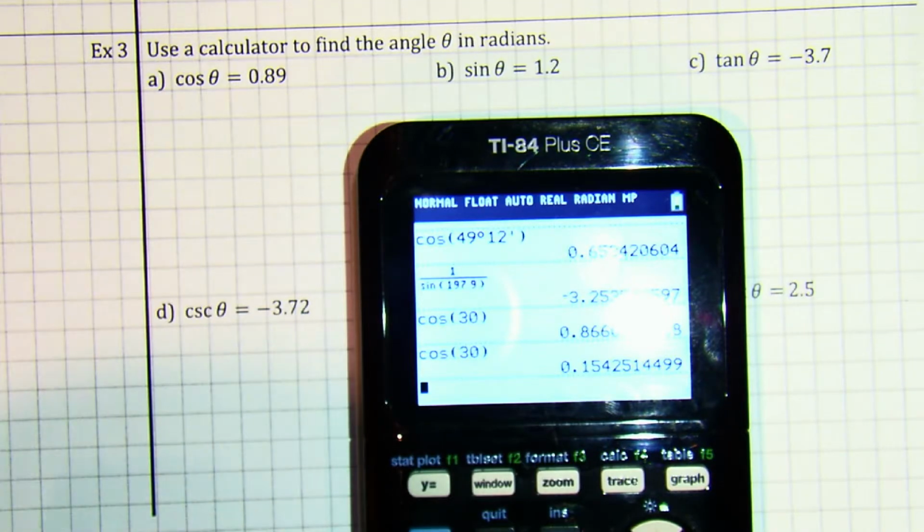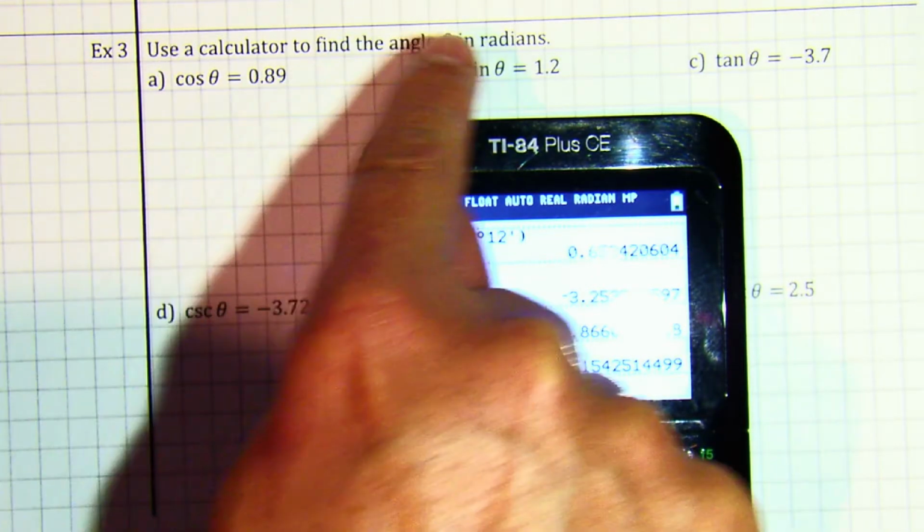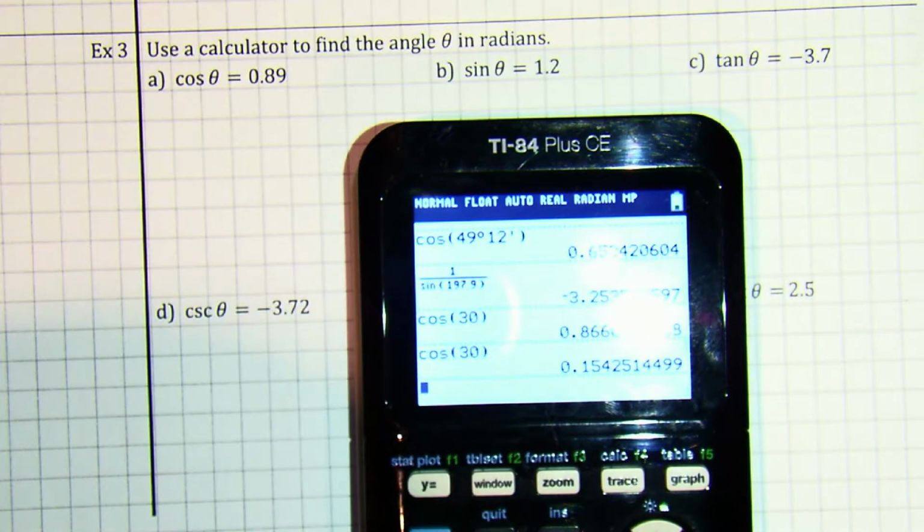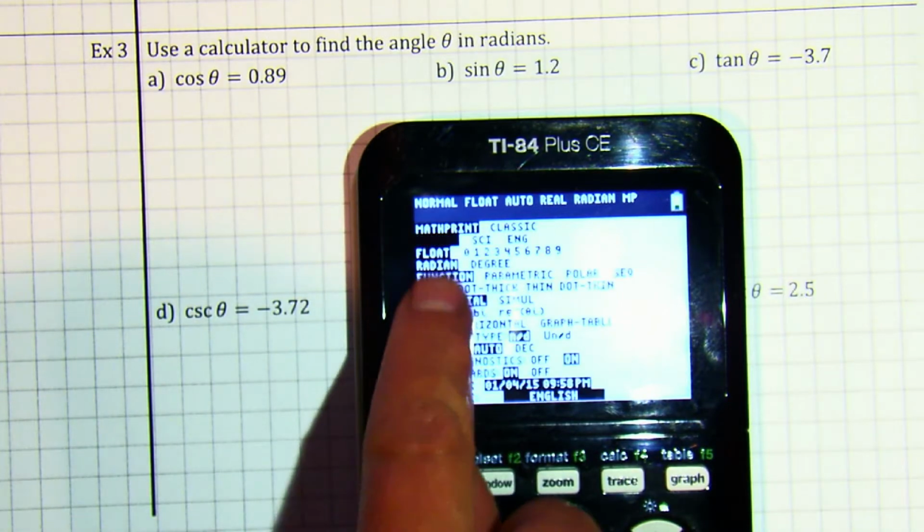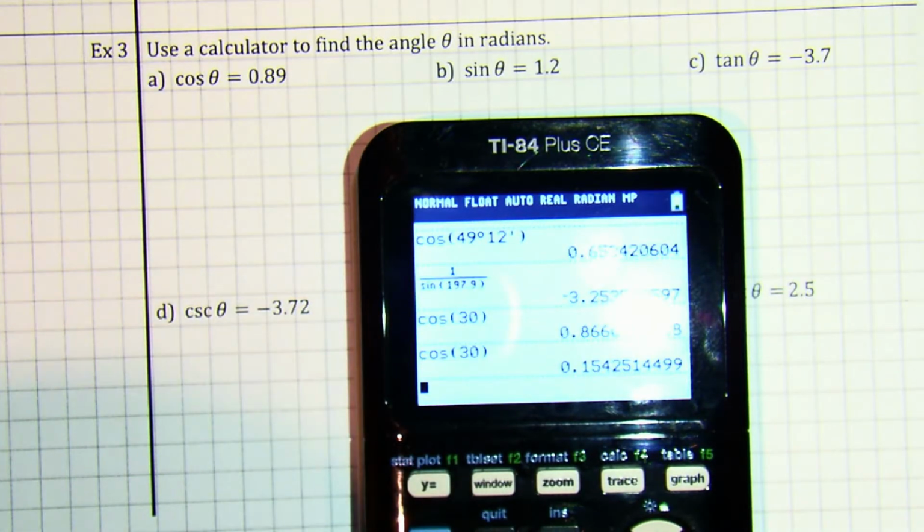So therefore, I need it in radians. I'll make sure that my calculator is in radians, and it is. So therefore, I'm going to use the inverse cosine to find the actual angle.